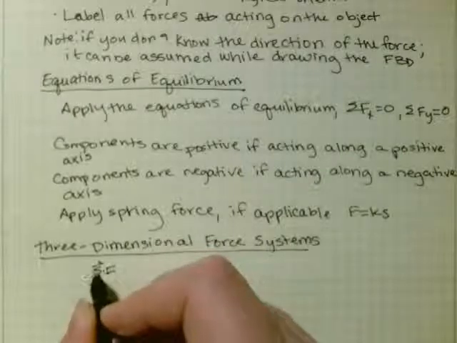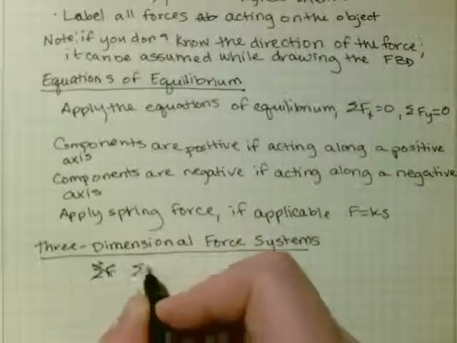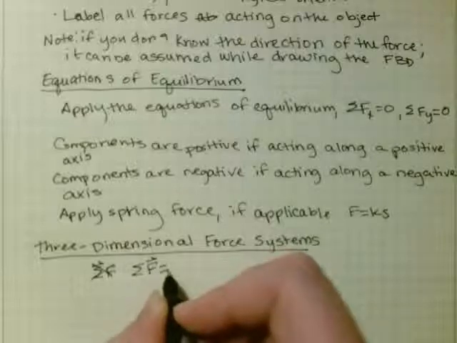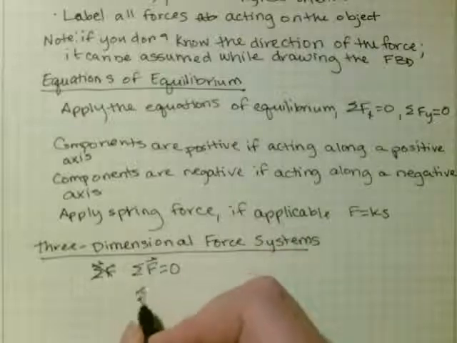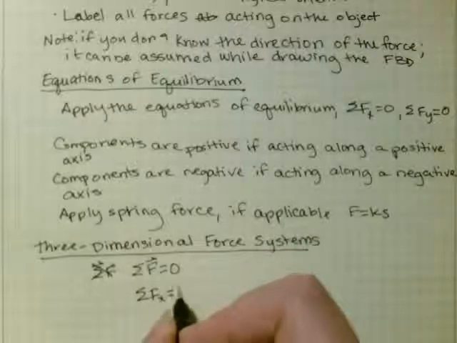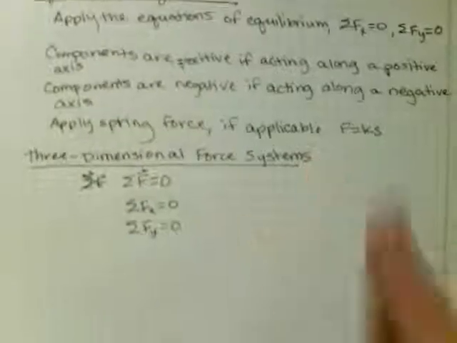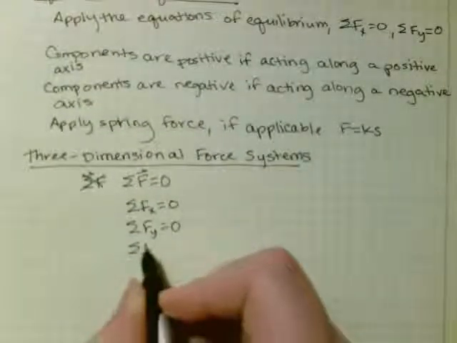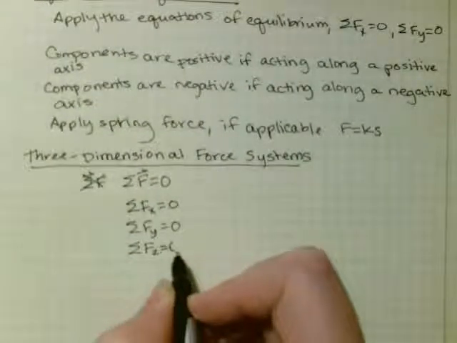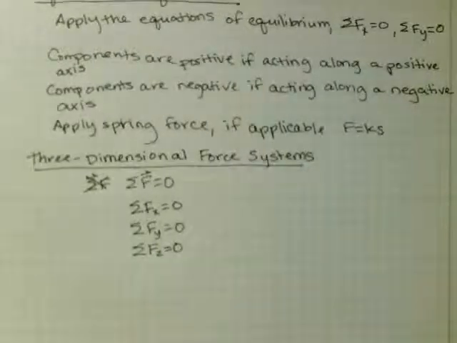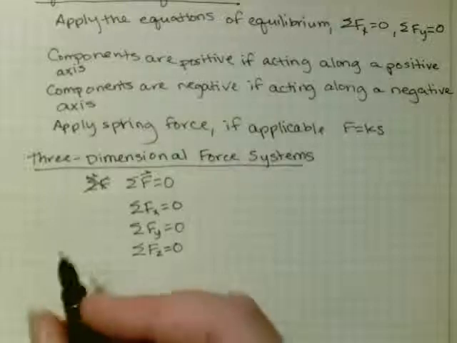So the sum of your forces is equal to 0, so that the sum in the x direction is equal to 0, the sum in the y direction is equal to 0, and the sum in the z direction is equal to 0. If the geometry is complicated in 3 dimensions, then write out each force as a Cartesian vector.